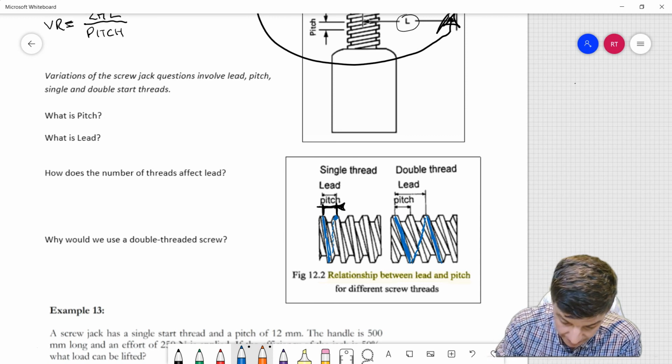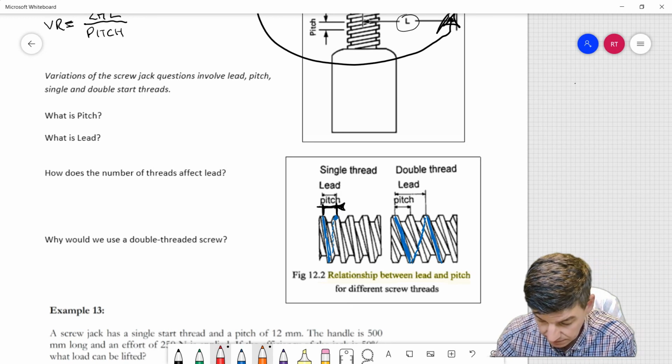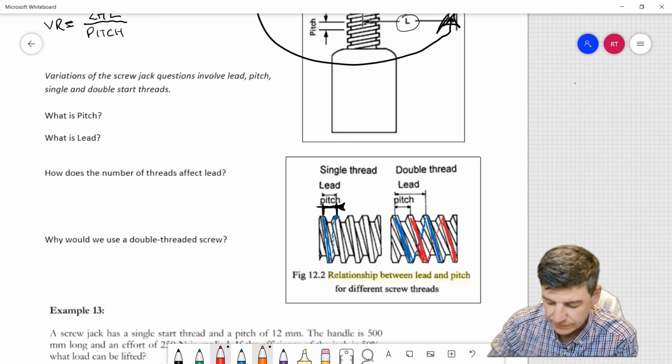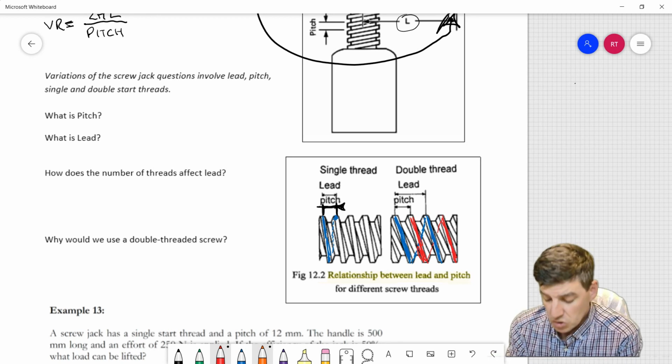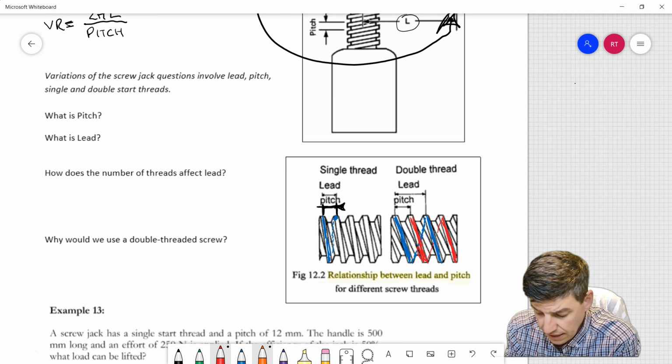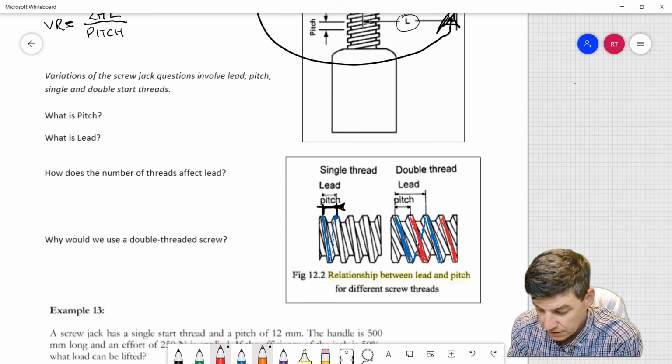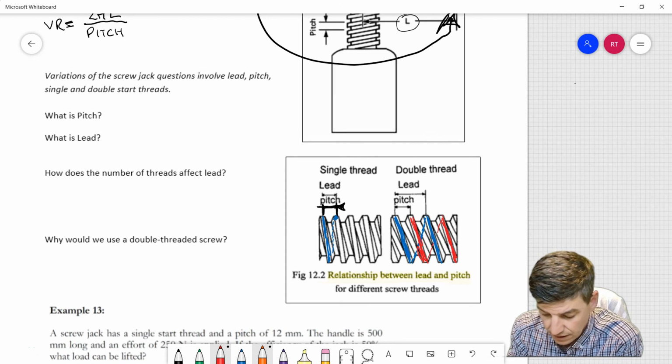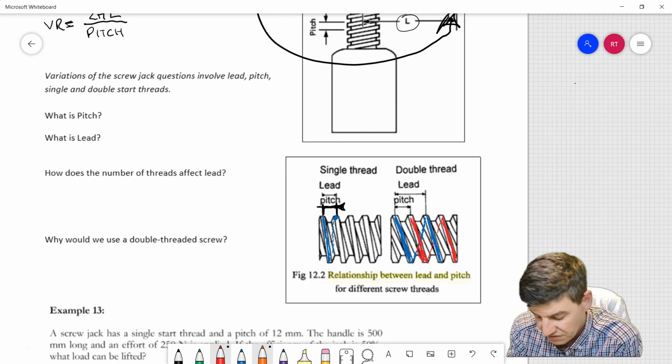So I have not one thread that keeps continuously traveling, I have 2 threads that keep traveling. I have those in screw jacks because they typically allow me to screw something and have it travel up and down faster. So there's some advantages to having a double threaded rod, in that the object moves up and down the threads faster.